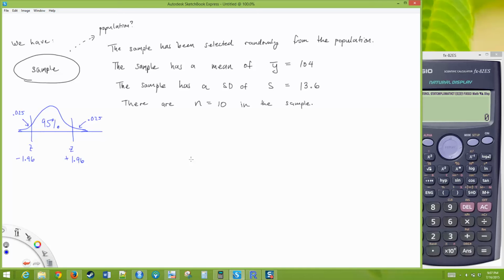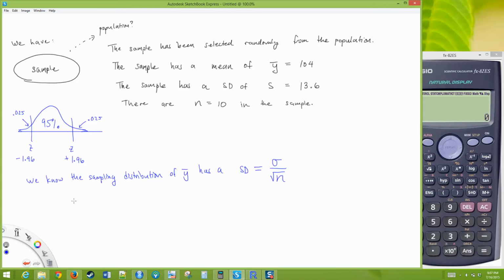And so we know the sampling distribution of y bar has a standard deviation equal to, from the sampling distribution stuff that we did earlier, do you remember? Sigma over the square root of n, right?